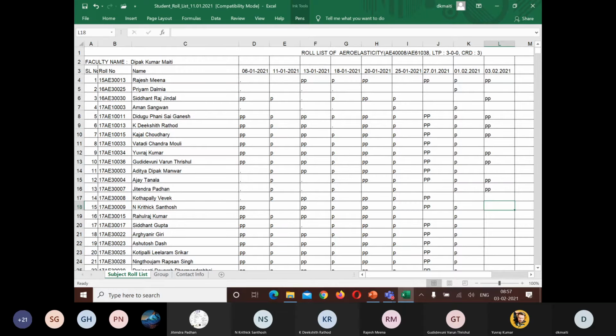Kritik Santosh, present, sir. Rahul Raj Kumar, present, sir. Siddhant Gupta, present, sir. Arghunir Giri, present, sir. Astosh Das, present, sir. Kotipalli Lilaram, present, sir.